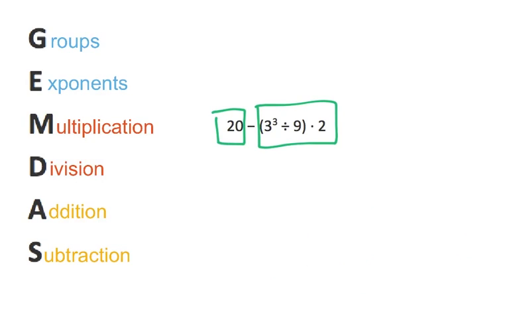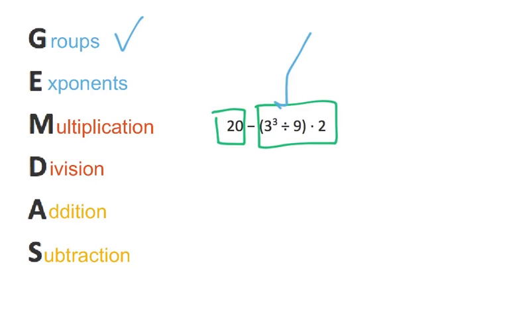Now that I've identified those terms, I want to try and get that term on the right down to a single number. I want to evaluate it and do all the calculations I can so that I get it as short as possible, down to a single number. And I do want to follow my correct order of things. So, do you see any grouping symbols in this term? I do. I see a set of parentheses.